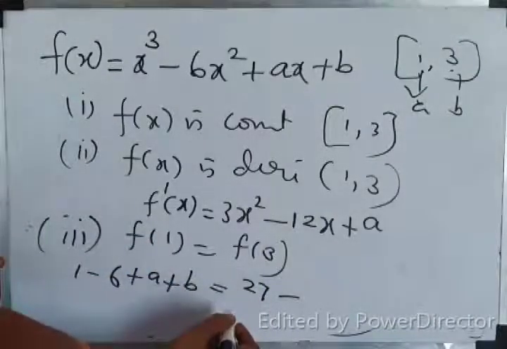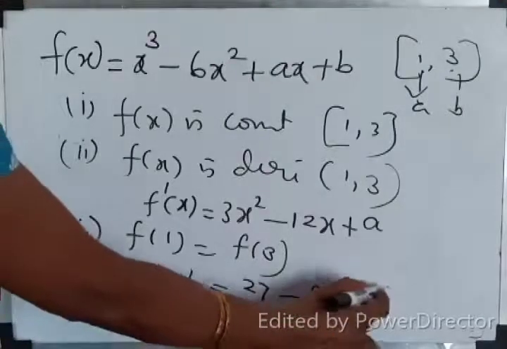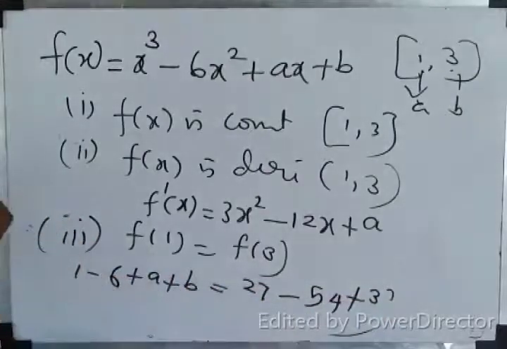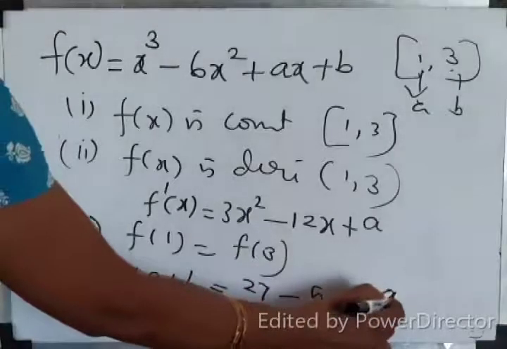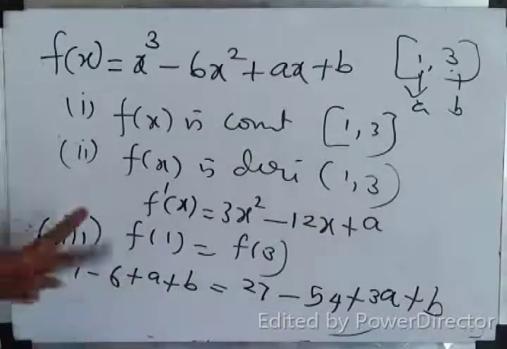Am I right? 54 plus 3a, yeah, 3a plus b. Correct? Left hand side correct, children, right hand side correct.